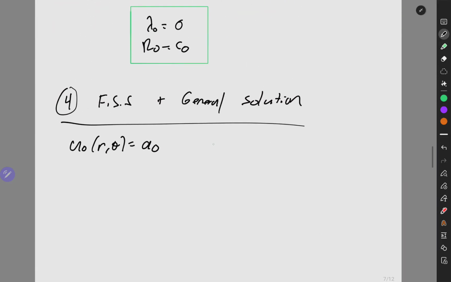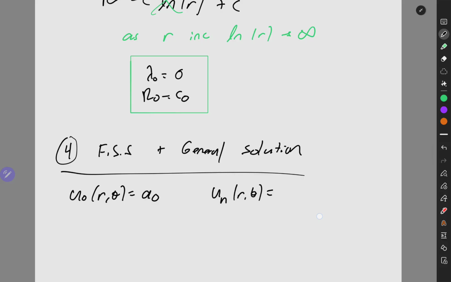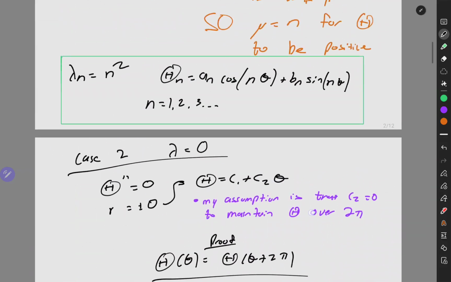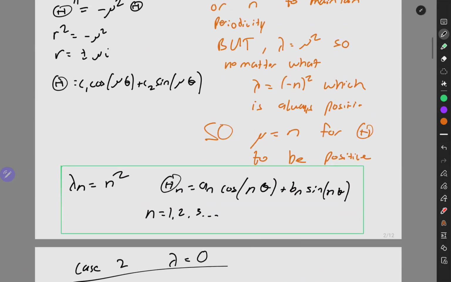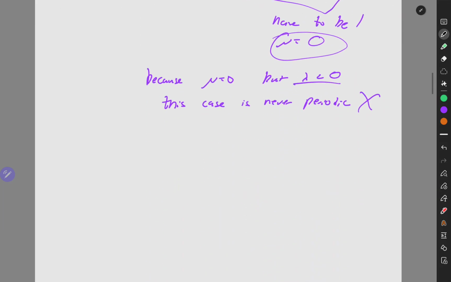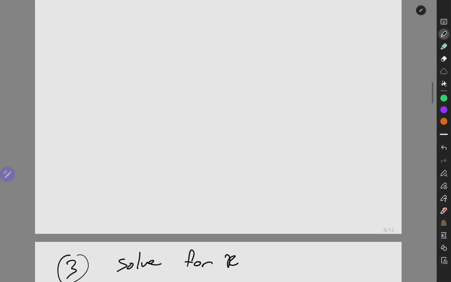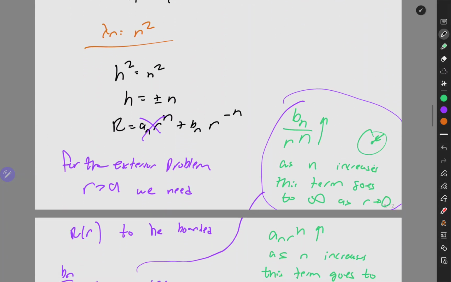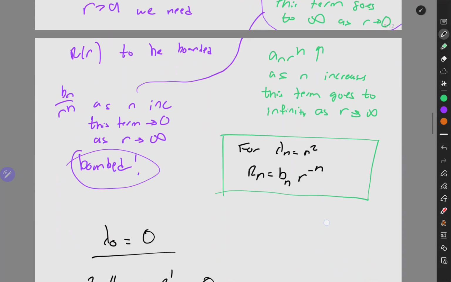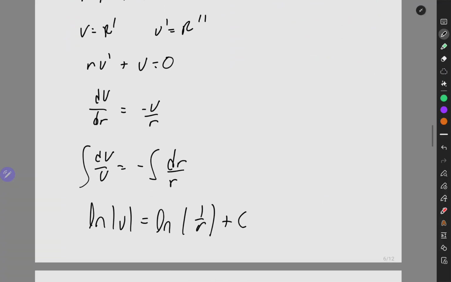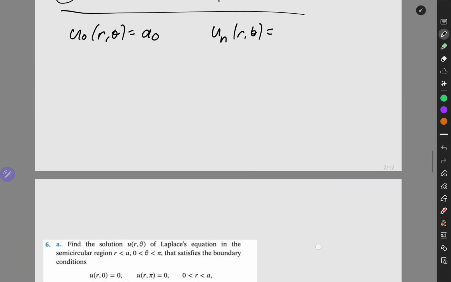And then we're going to have u n of r theta. This is equal to theta n times r n. So theta n was, right, cosine plus sine n theta. What is r n? R to the negative n.